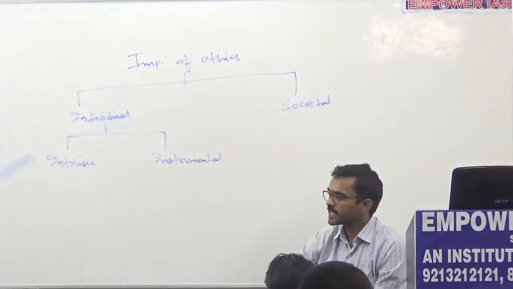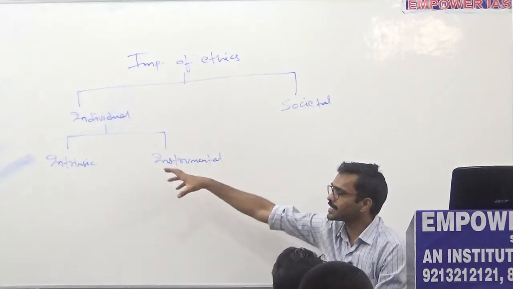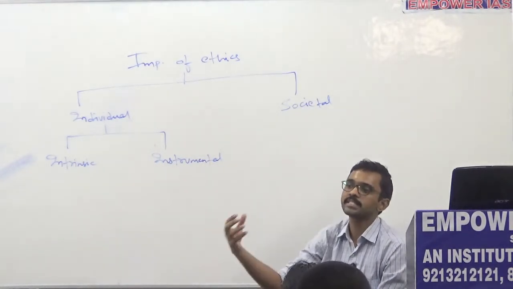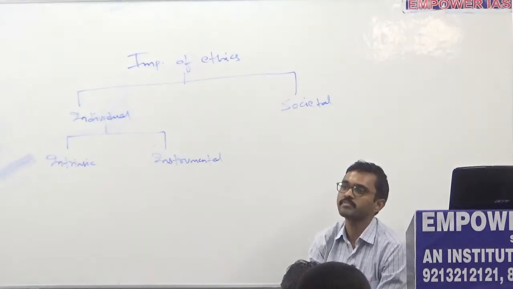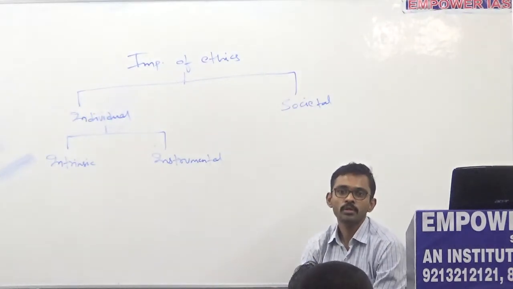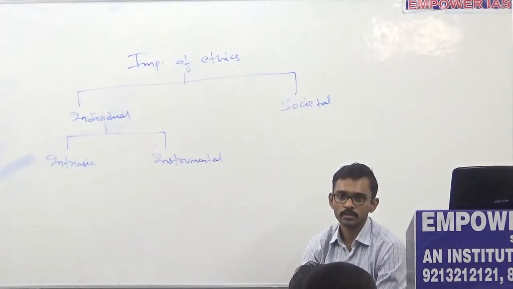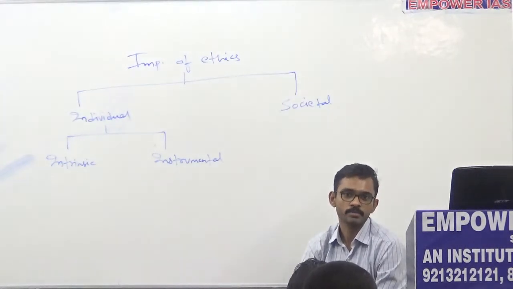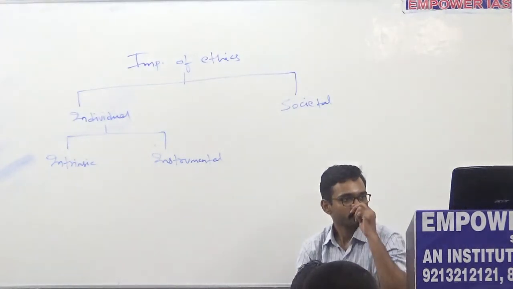So at an individual level, ethics is intrinsically important for human beings for achieving self-actualization, for achieving self-realization. It is important to follow ethical conduct. That is the intrinsic importance.